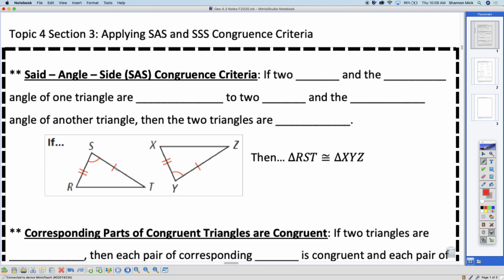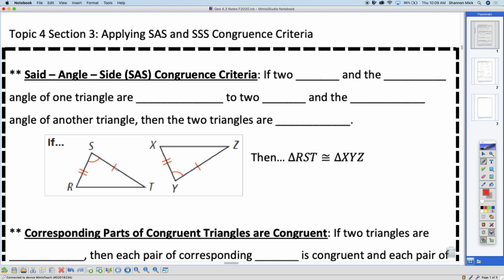Now, do we see that RS and YX are congruent? How do I know that they're congruent? There's 2 lines, right? And how do I know that S is congruent to Y? There's 1, right? How do I know that ST is congruent to ZY? There's a line, right? So what this says, if side angle side is congruent to side angle side, then the 2 triangles are congruent.